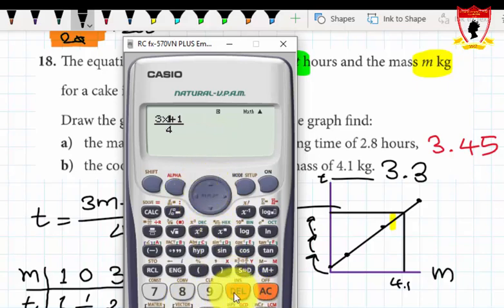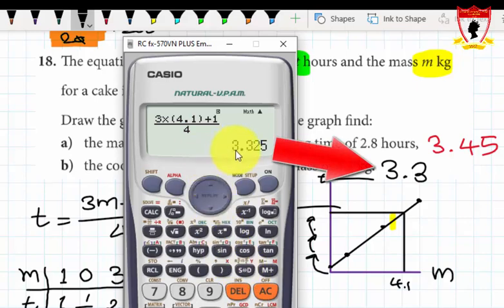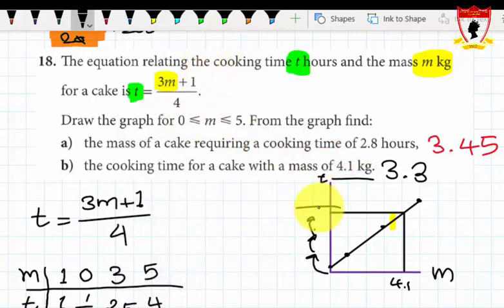Then we will have 3 times 4.1, then the result plus 1, all over 4. Look, it's 3.32. It means it's nearly 3.3. It's correct. So we checked the answers. They are all fine. We estimated them on the graph, and we checked them using the equation in the calculator. And we got everything correct.